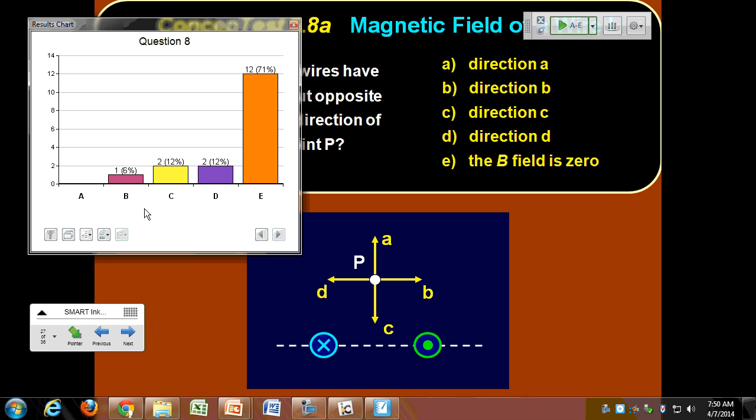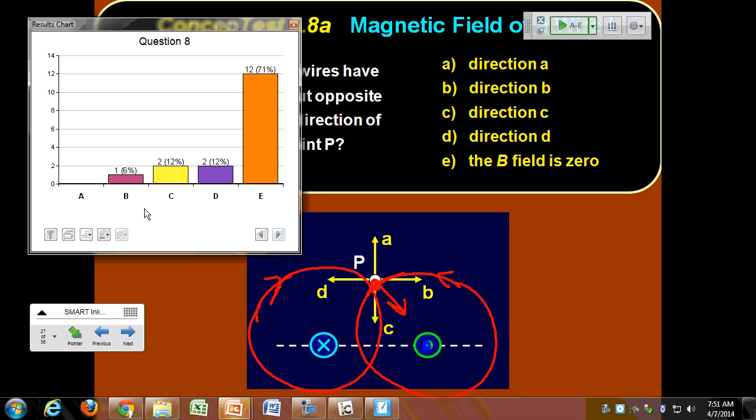All right, let's see. Due to this one right here, the magnetic field is what? Counterclockwise? Is that right? Yeah. So it looks like that. And then due to this other one, it is clockwise, so it looks like this. So at point P, due to here, I get a magnetic field in that direction.